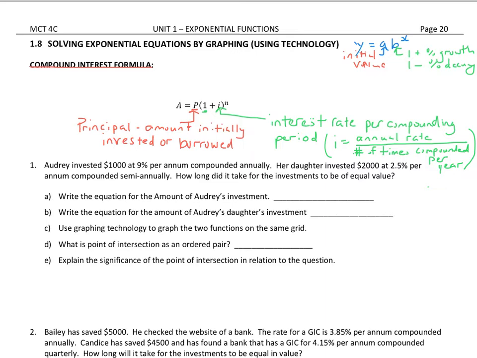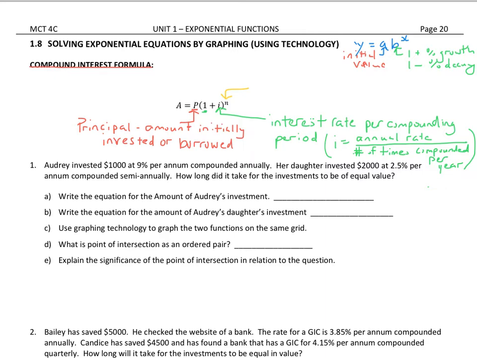All right, the last thing we need to identify here is this value, or this exponent of n. Now, n is the total number of times it's going to compound. Now, sometimes people like to keep n as representing the number of years. So if it's compounding yearly, n would just be n. But if n is the number of years and it's compounding semi-annually, you would take the number of years and times it by 2.